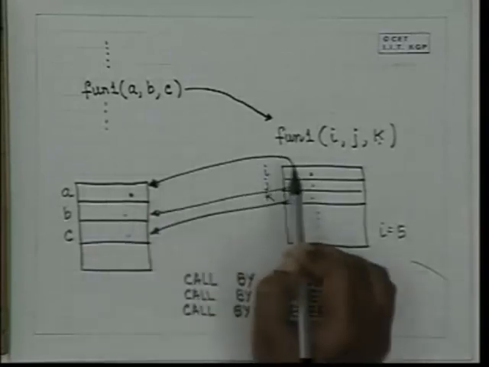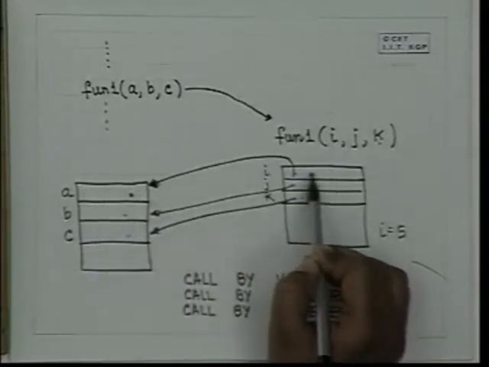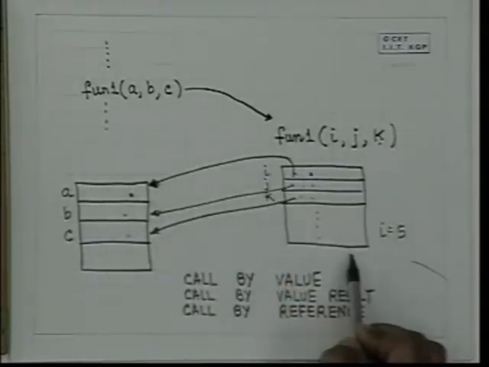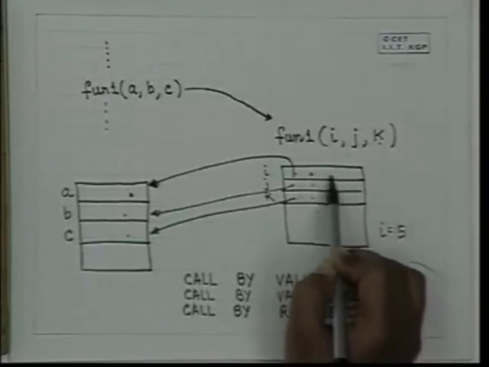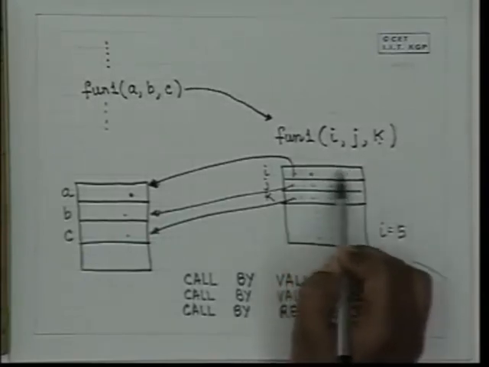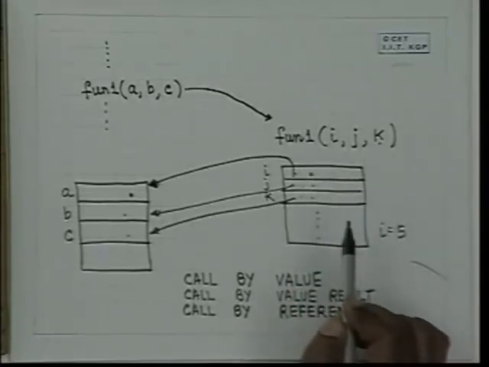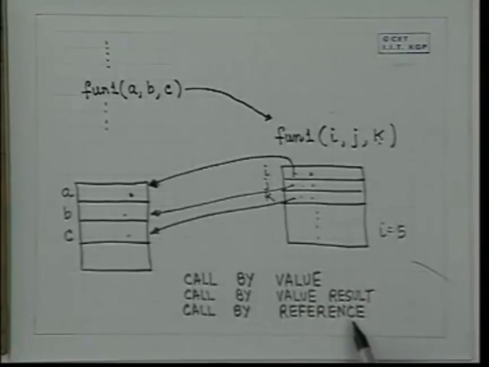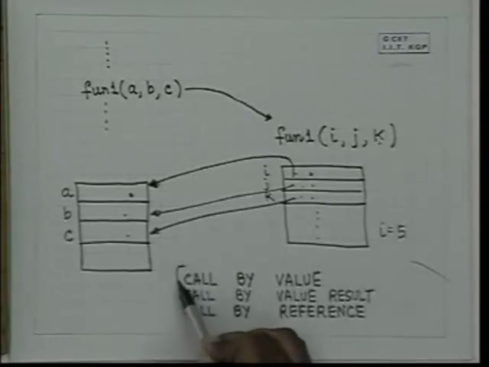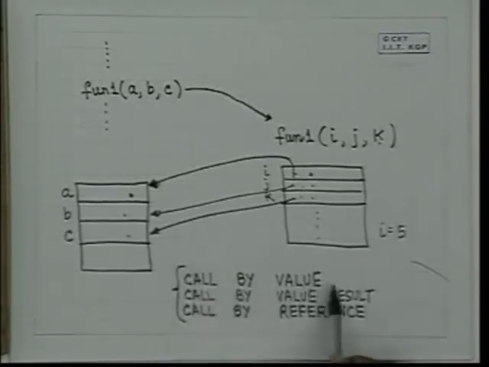So if you want to change something in I in the function here, it uses the content of this address and modifies the content of the address, which is something called indirect addressing, but this is what is called call by reference. There are other ways of parameter passing like call by name and others, but we will now concentrate on call by value, call by value result, and call by reference. And C language uses call by value.